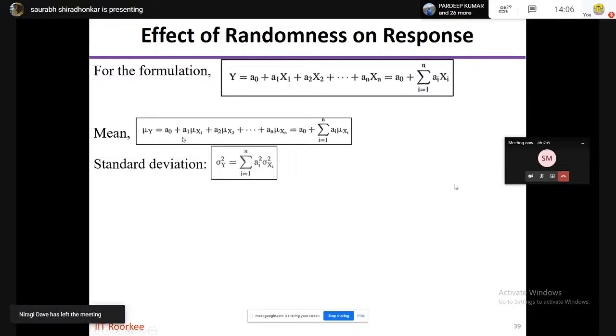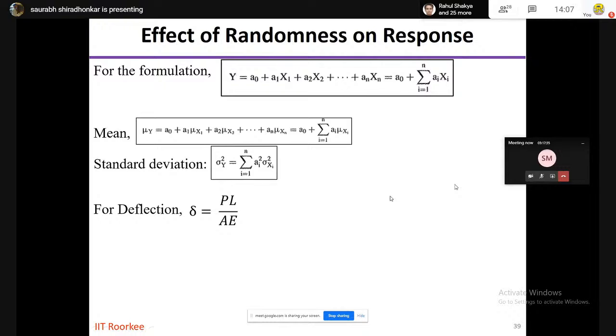And then the standard deviation of y, the dependent variable, is obtained using this formula, which is again the sum of squares of standard deviations of these random variables x1, x2, and xn.